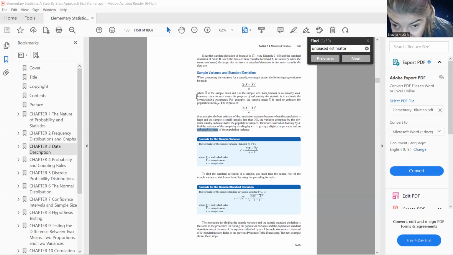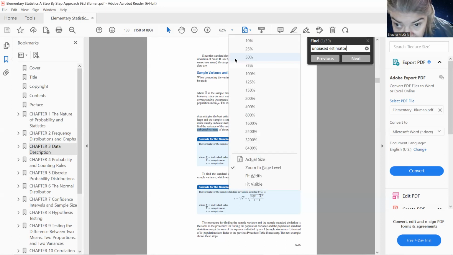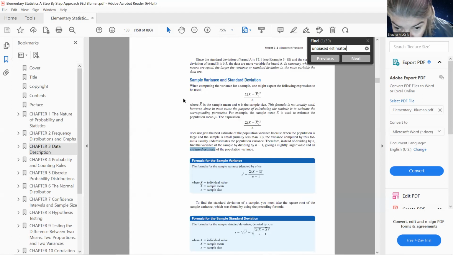However, in the italics here, it says, let me enlarge this a bit. Okay, it says, however, in most cases, the purpose of calculating the statistic is to estimate the corresponding parameter, okay?